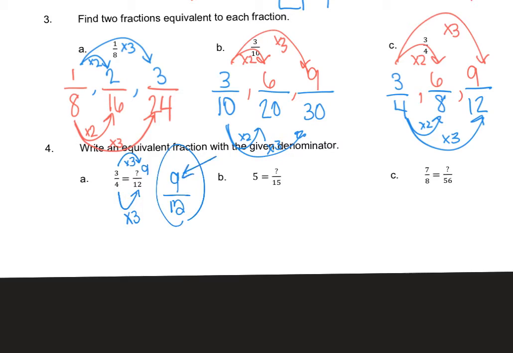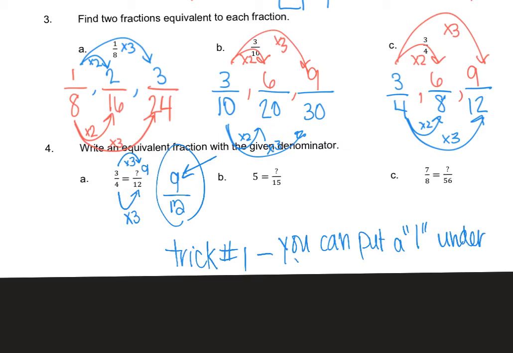All right, so for this one, here's the first problem. The first problem is we're comparing a whole number to a fraction. So rule and trick number 1 here that I'm going to give you: you can put a 1 under any whole number. So 5 is a whole number. We can put a 1 under it. So now what did I do to get from 1 to 15?